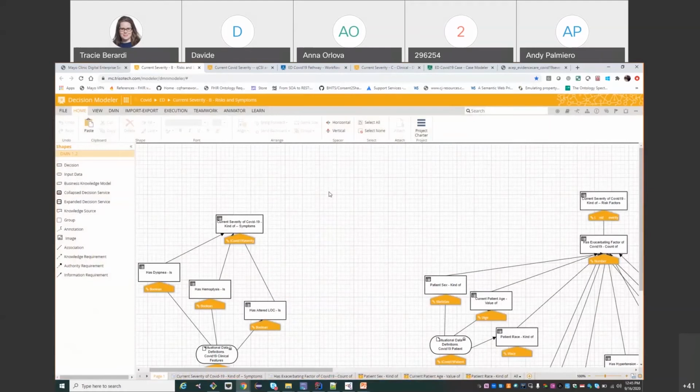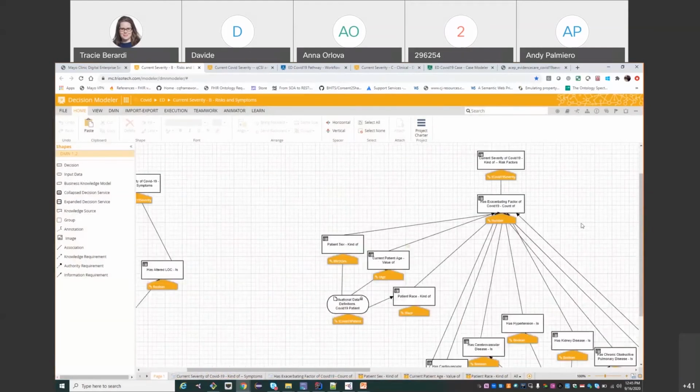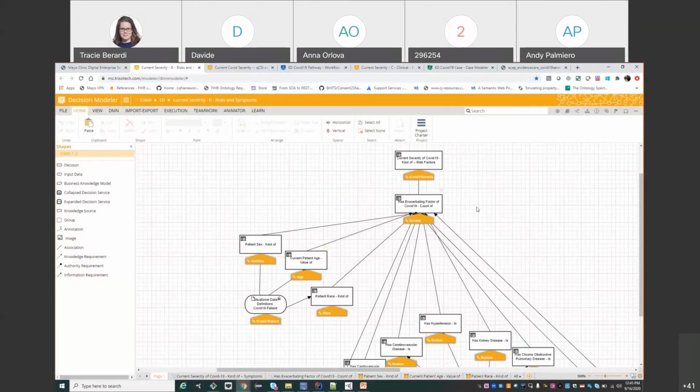Another couple of criteria, this time based on symptoms that the patient may have versus risk or exacerbating factors.